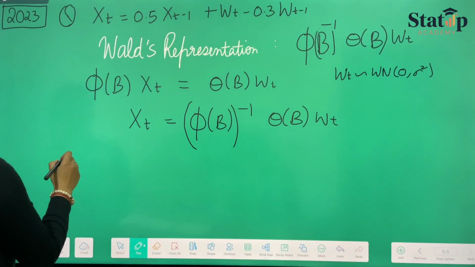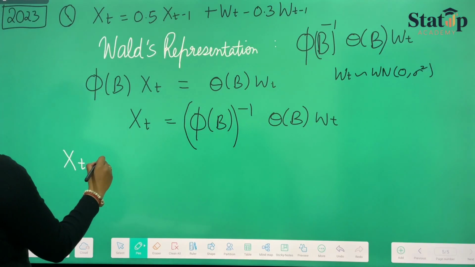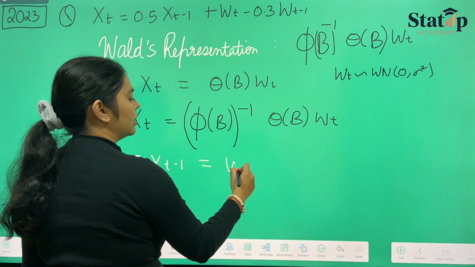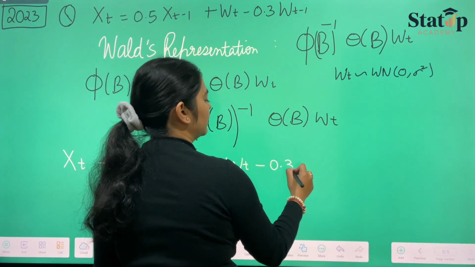Now here in this time series, xt minus 0.5 xt minus 1 equals wt minus 0.3 wt minus 1.